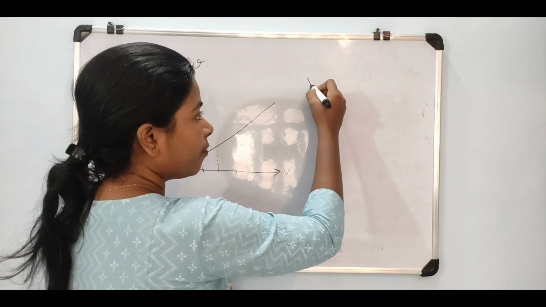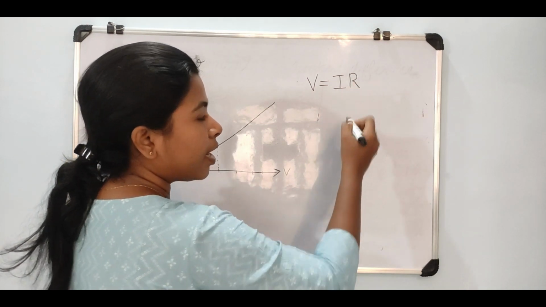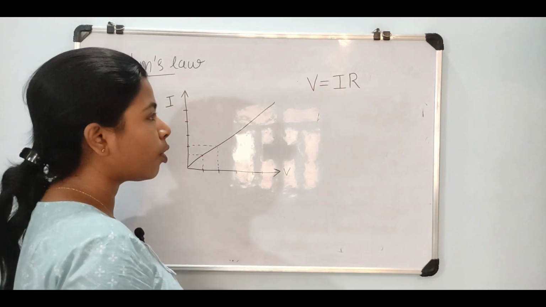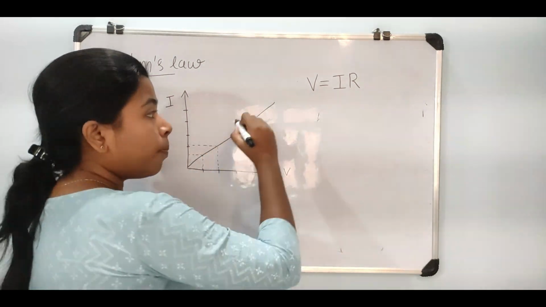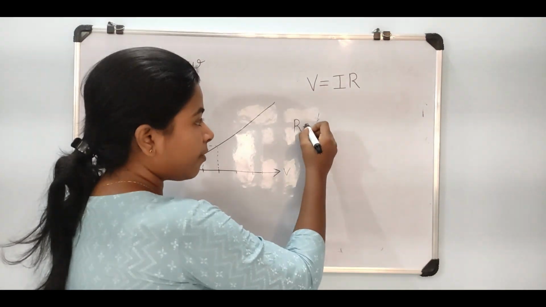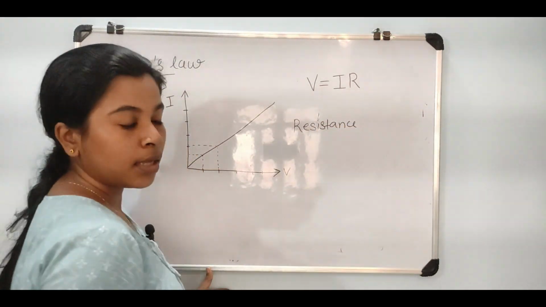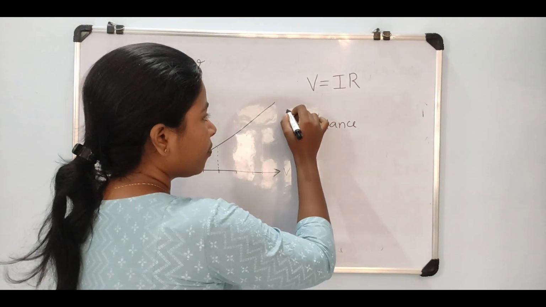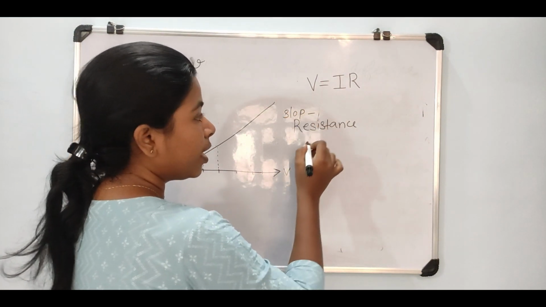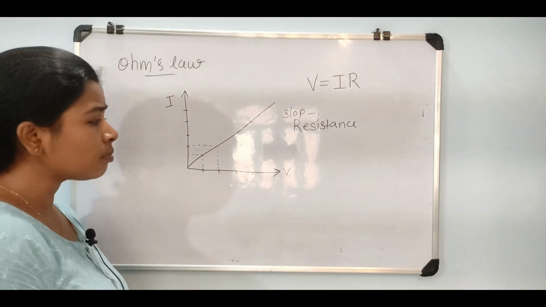The equation is V is equal to IR, where R is the resistance, I is the current, and V is the voltage. So the slope of the VI graph gives the resistance of the circuit. Followed.